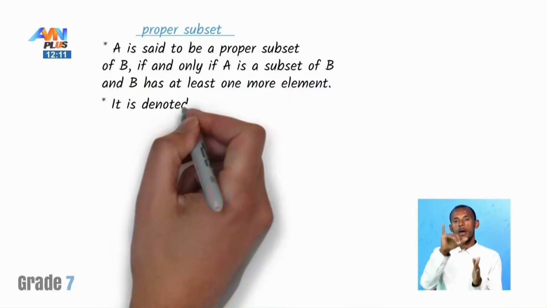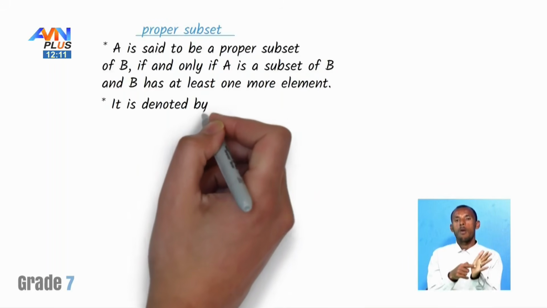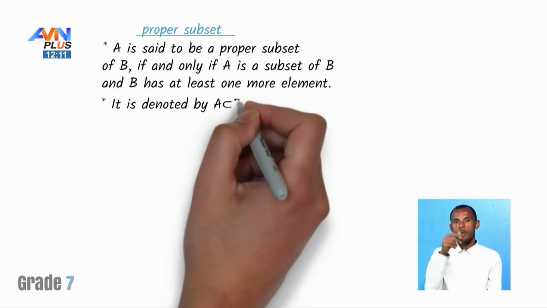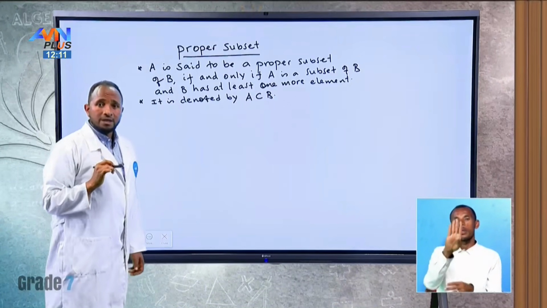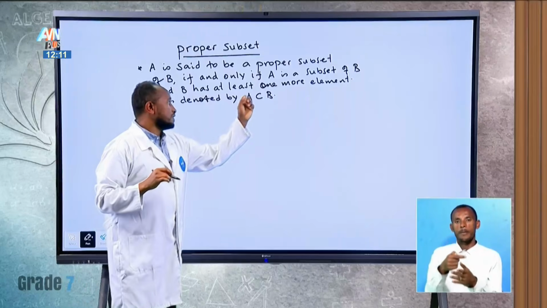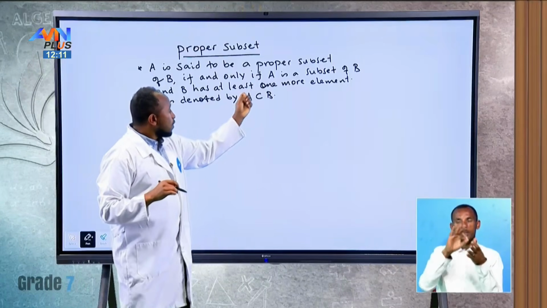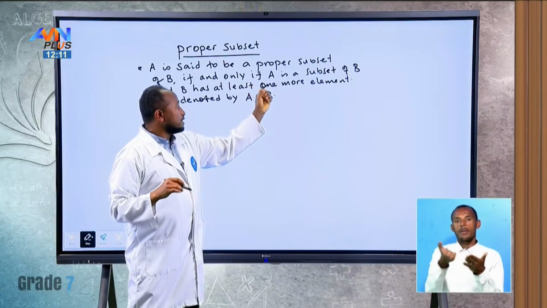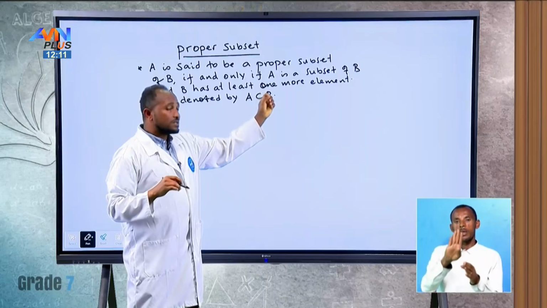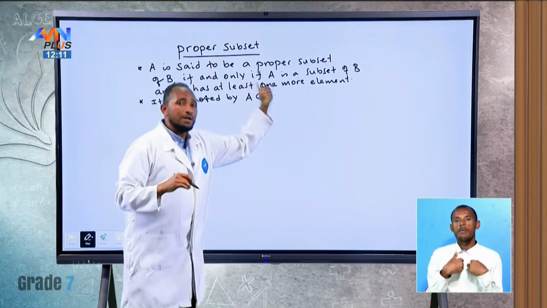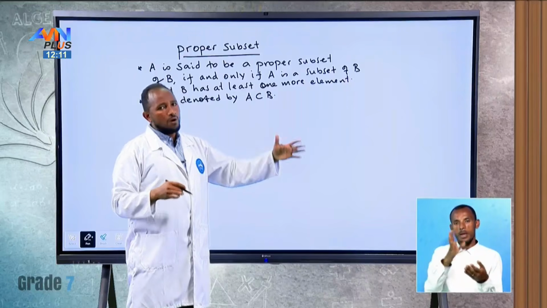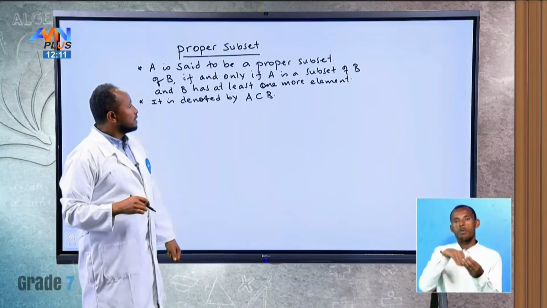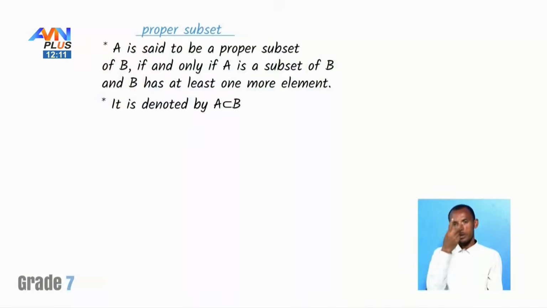So the meaning of this statement is all elements of A are found in B, and B must have at least one additional element. It may have one additional or two or more. That's the meaning. We'll see this concept through examples.